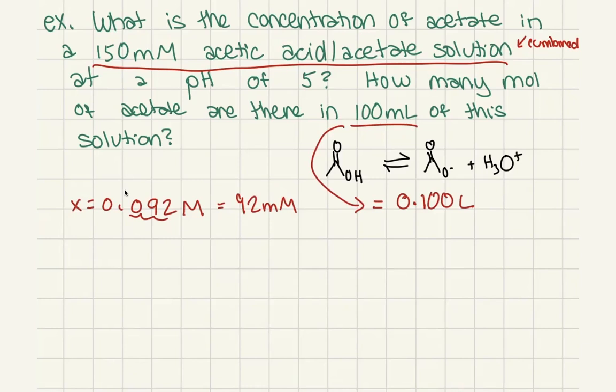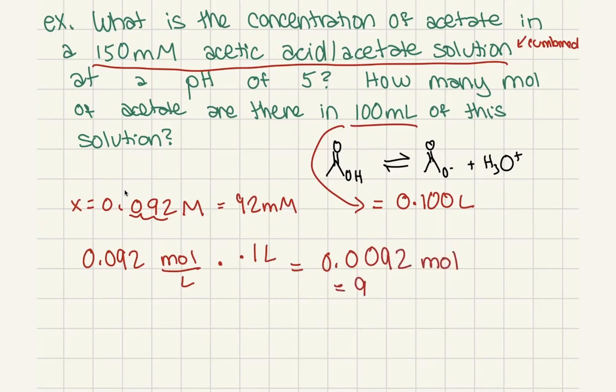So we have a volume of 0.100 liters, and we have a concentration of 0.092 molar. Now, what 0.092 molar means is that we have 0.092 moles per liter. And now we're saying, okay, well, we have 100 milliliters, so that's going to be times 0.1 liter, which is going to equal 0.0092 moles, which is the same as saying 9.2 millimoles if we wanted to go that way.